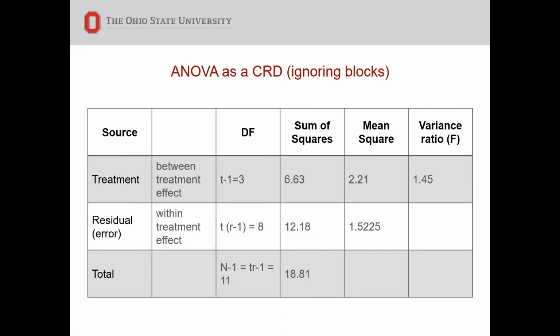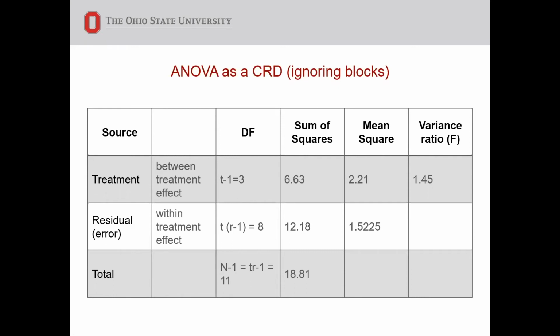If we analyze this as a CRD ignoring blocks, then we would have the residual, which we might call the within treatment effect. Alternatively, we might refer to this as the between replicate effect. This is the variability between one replicate and another.